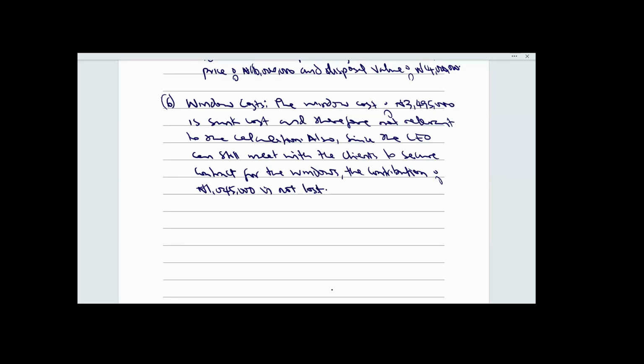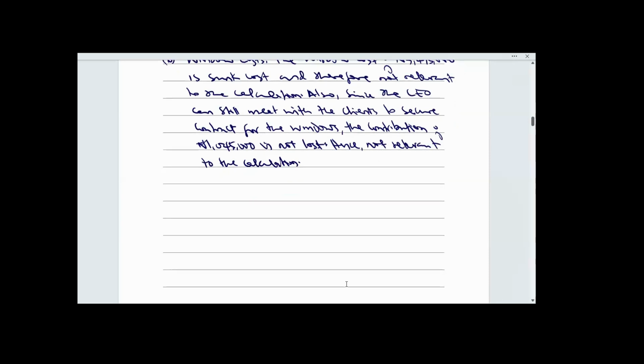It's not lost. Hence, not relevant to the calculation. You can see with the assumptions that we are stating, it's not something you are going to fabricate. It's already there in the question. The examiner is only asking you to explain how you come about your figures.